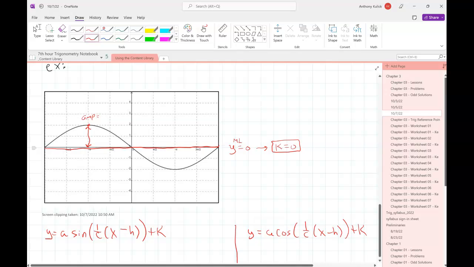How far is that? 2 units. Remember that the amplitude is the absolute value of A, so this tells me that A is 2 or -2. We'll have to figure that out a little bit later.